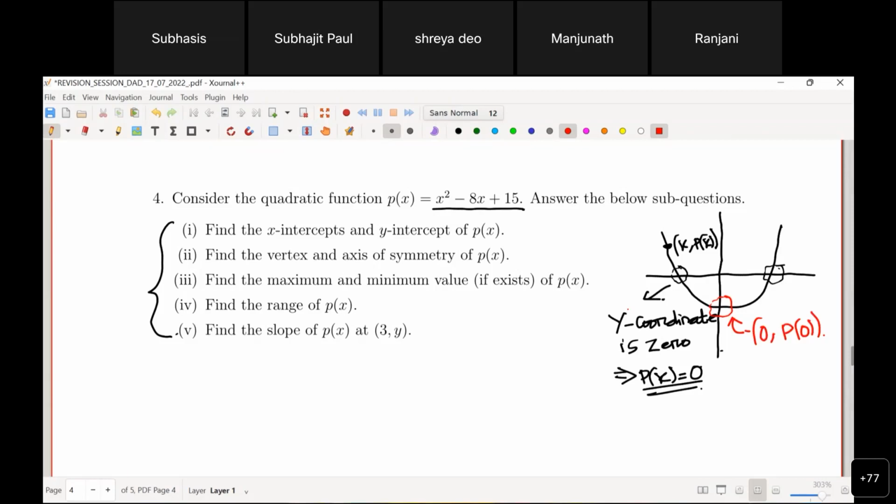To find the y-intercept, we need to find this point 0 comma p of 0. So what is p of 0 here?